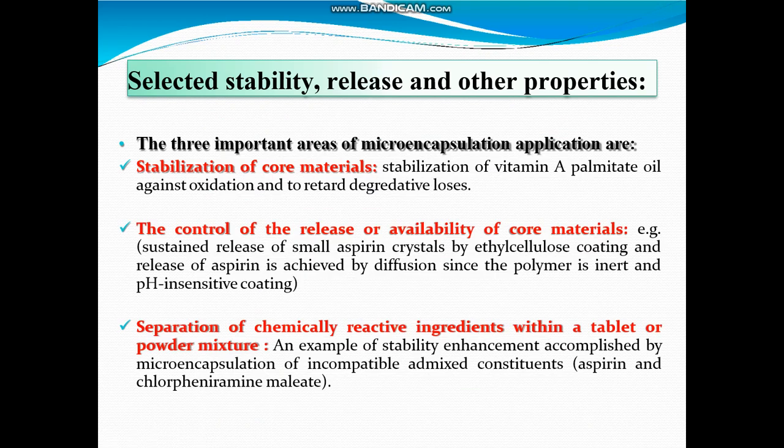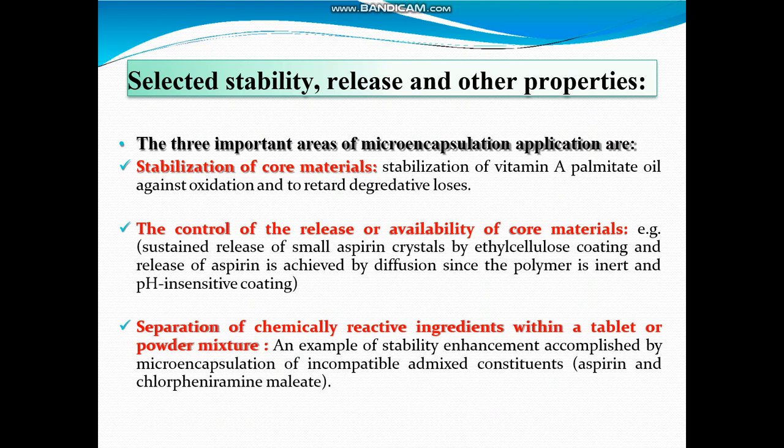Selected for stability, release, and other properties, the three important areas of microencapsulation application are these. First of all, you will have to check the stabilization of the core material, for example, the stabilization of vitamin A palmitate oil against oxidation and to retard degradative losses.